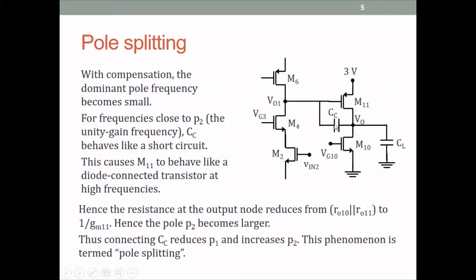Alright, so Cc does two things. It reduces the dominant pole frequency and it increases the second pole frequency. This effect is called pole splitting because the poles are being split in opposite directions. This is a nice thing, of course, because it increases the bandwidth, because P2 is effectively the unity gain bandwidth, and pole splitting causes the unity gain bandwidth to become larger.